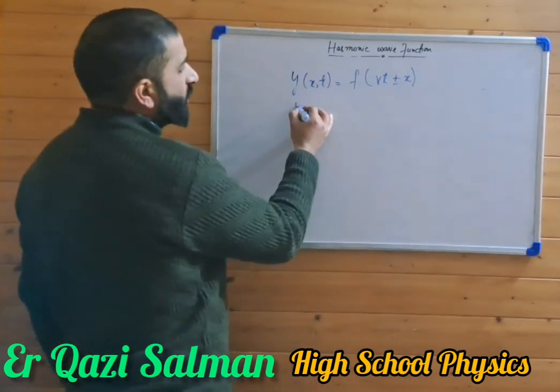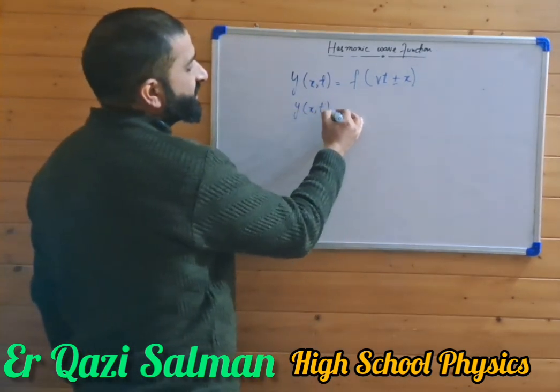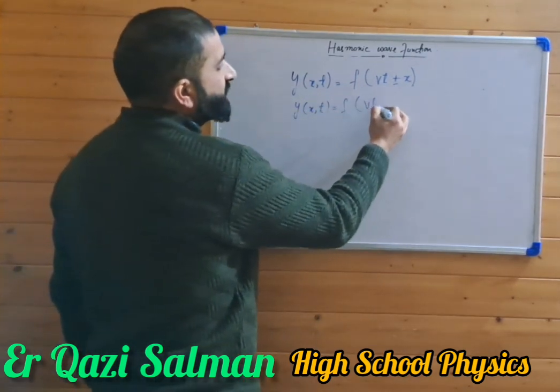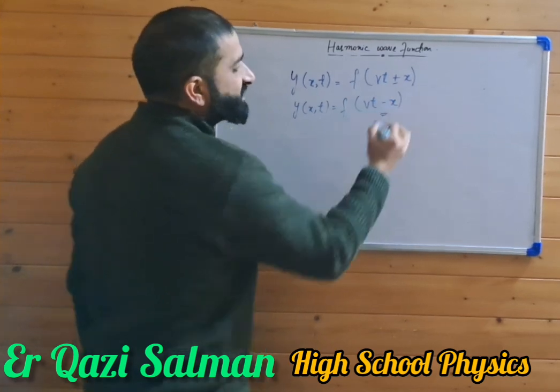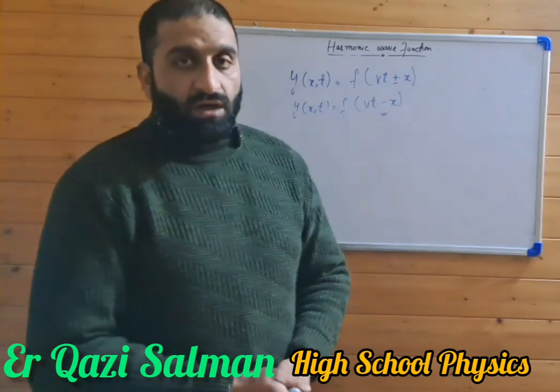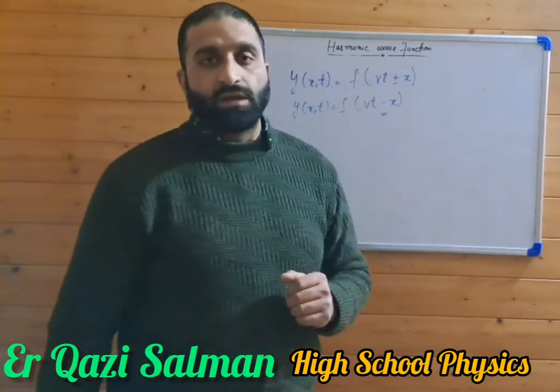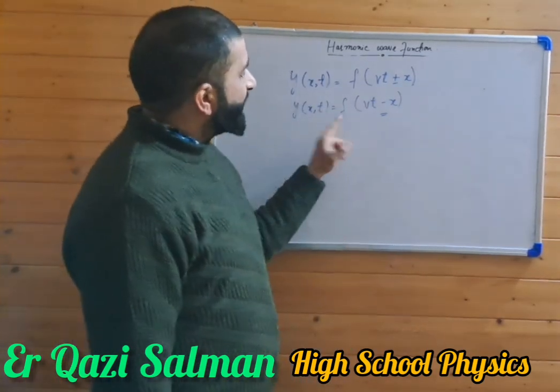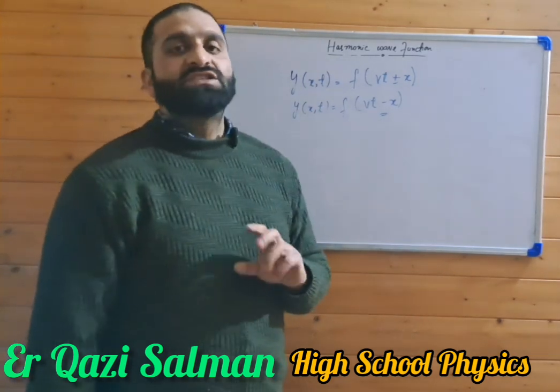If we take y of x comma t as a function of vt minus x, this represents a periodic wave going from left to right.